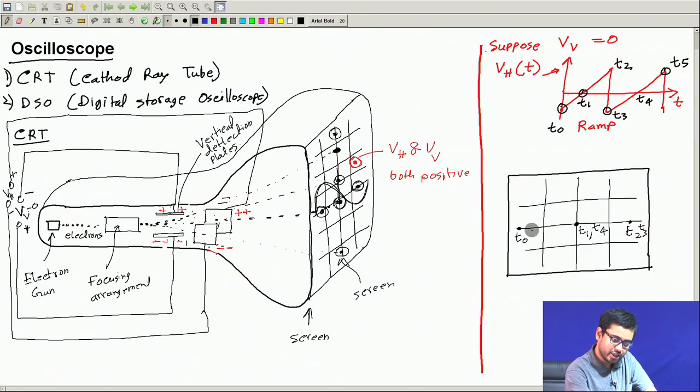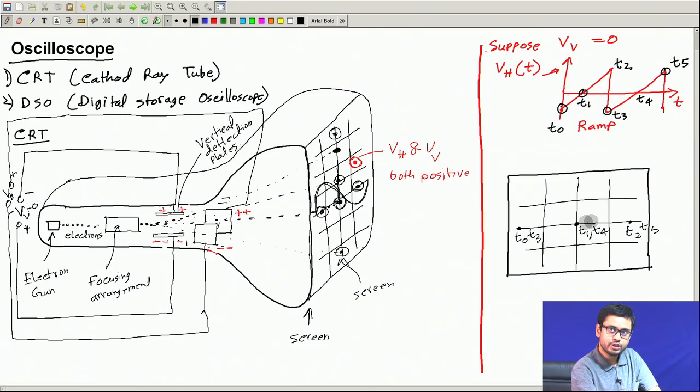At T4 I have made a mistake, this is not T3. So, T2 and T3 are very close in time, practically the same time. At T3 it will be negative, it will be here, this is T3. At T4 it will be again here. At T5 it will be positive.